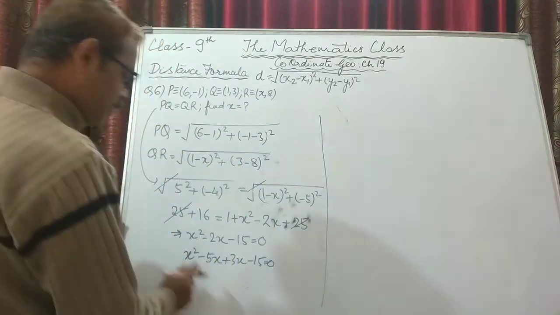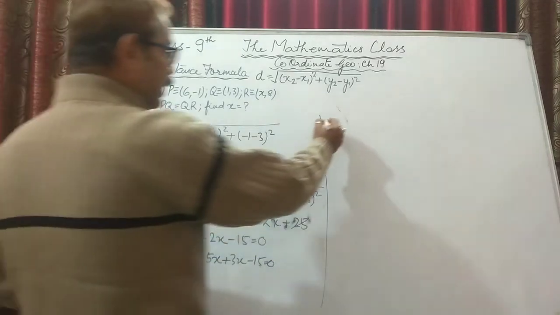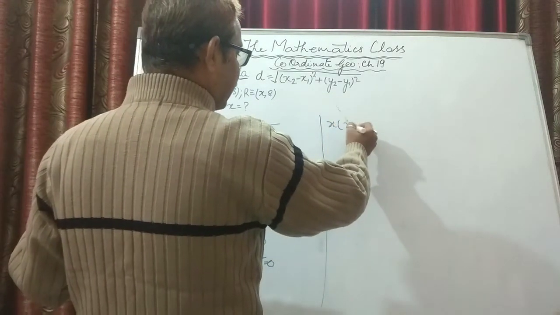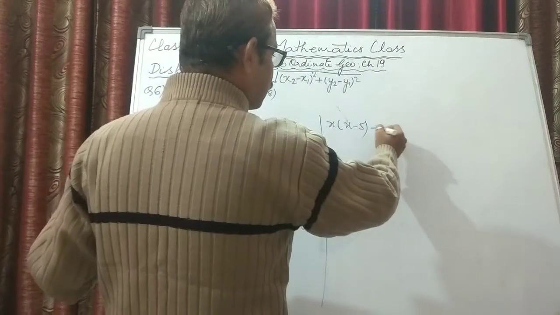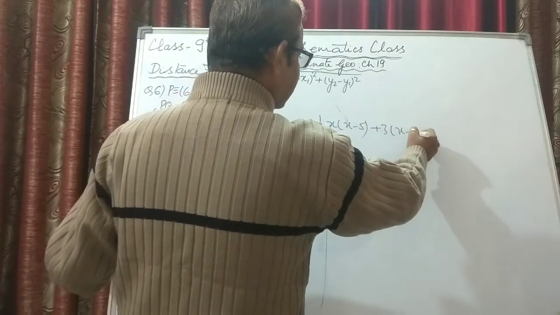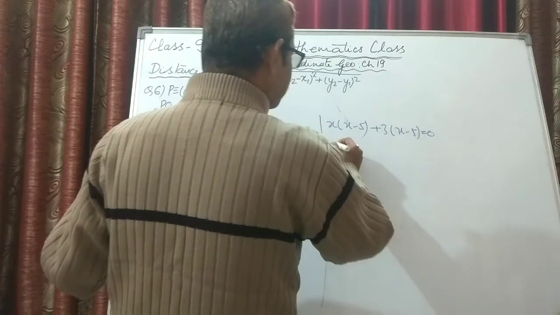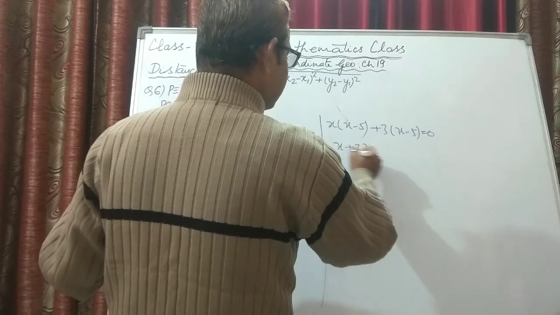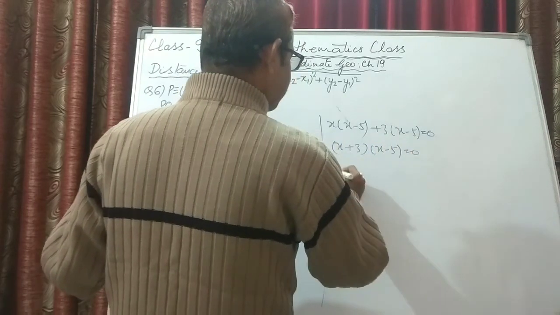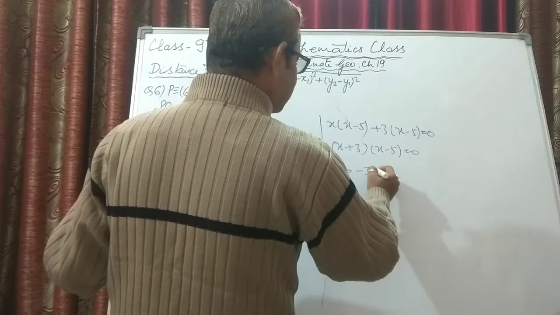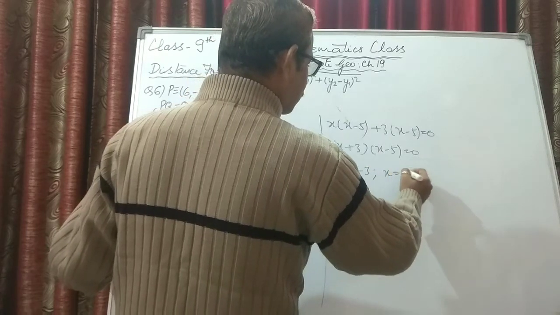Now what we are going to do, in the first group we will take x common, we are left with x minus 5, and in the second we will take plus 3 common and we are again left with x minus 5, is equal to 0. So x plus 3 and x minus 5 is equal to 0. In one case we will get x is equal to minus 3, in the other case we will get x is equal to 5.